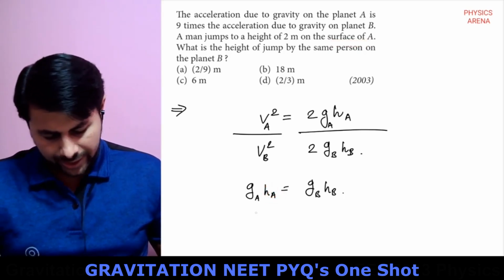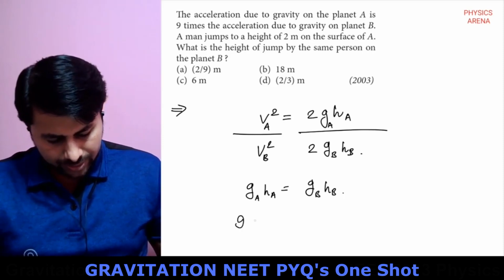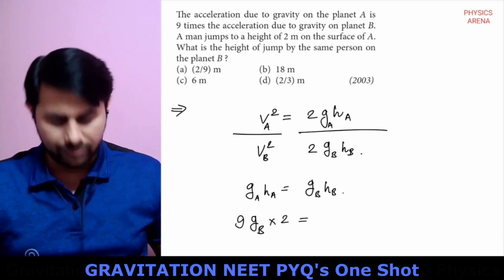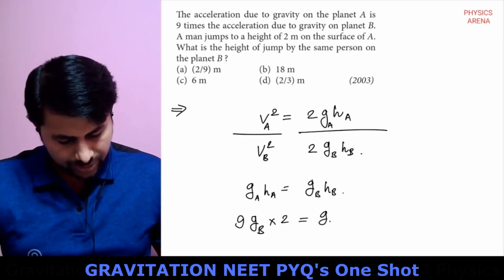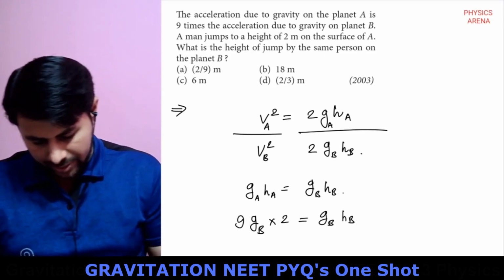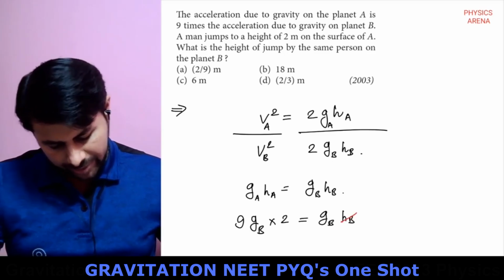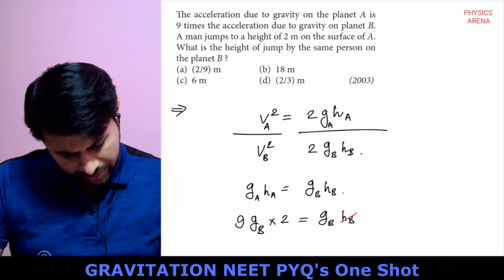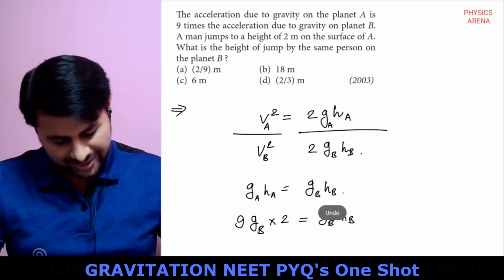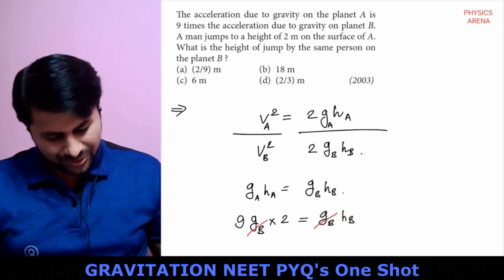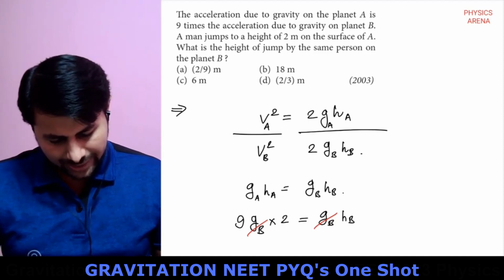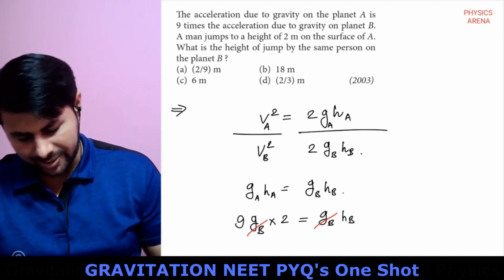So 9 times gB multiplied by 2 equals gB times hB. So gB and gB get cancelled. So hB is equal to 9 times 2, that's 18 meters.